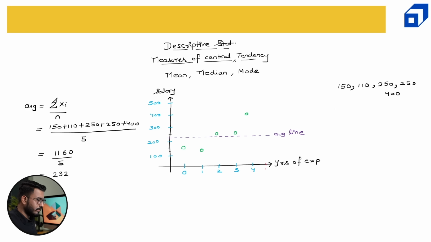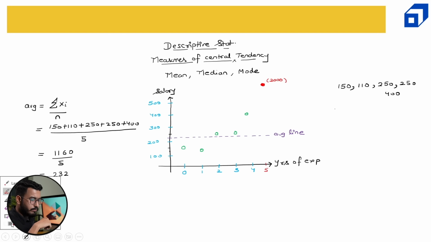Let's say I am having one particular employee who is having experience of 5 years, but the salary is somewhere around here, and this salary is, let's say, 2000. With very less years, the person is still having a salary of 2000, while other people are having a salary in a range of 100 to 500. Maximum is 400. Now what will happen if I try to calculate the average?